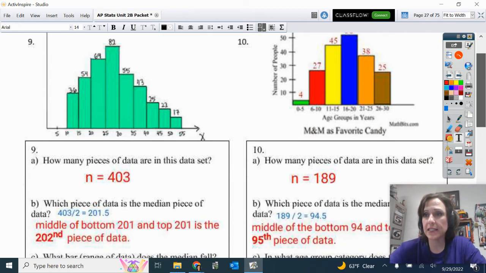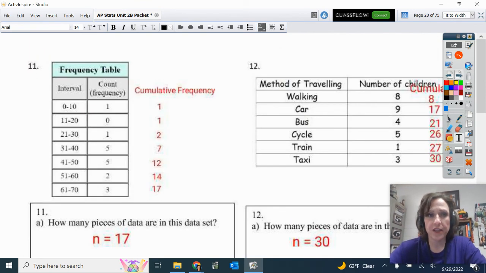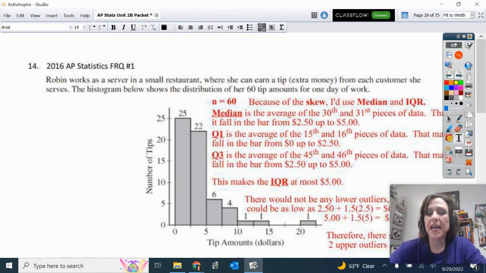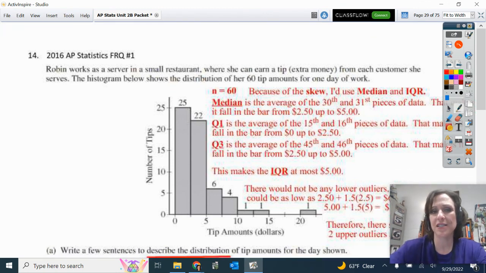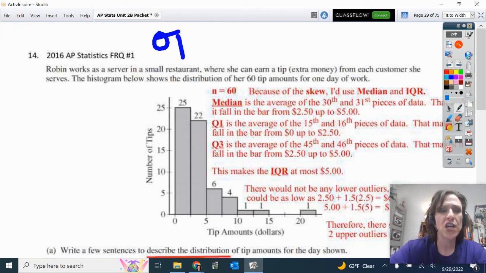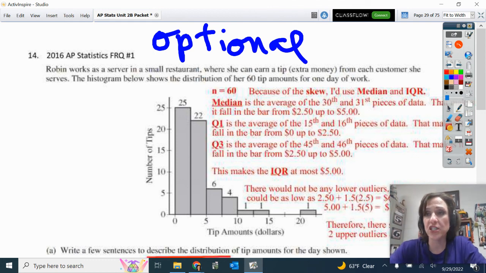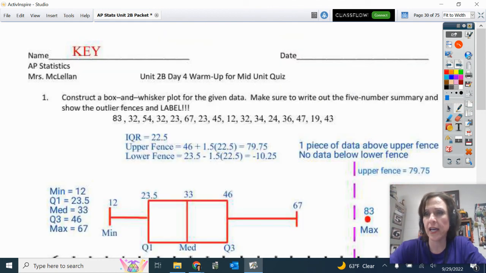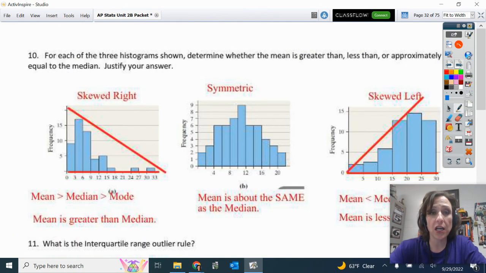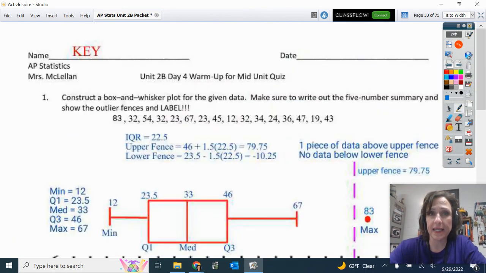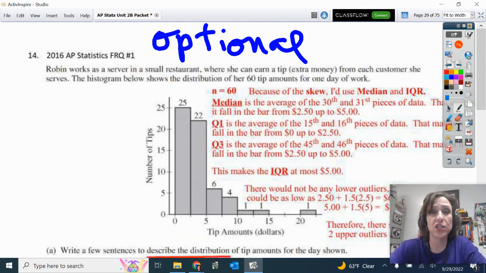Once you're finished there, you'll have some frequency tables. This AP question is going to take some pretty intense thought, and because we are quizzing tomorrow, this page 26 AP question is optional at this point. Then you'll do your warm up, and I will turn the key to this assignment on at 4 o'clock, since you will be having a quiz on that tomorrow.